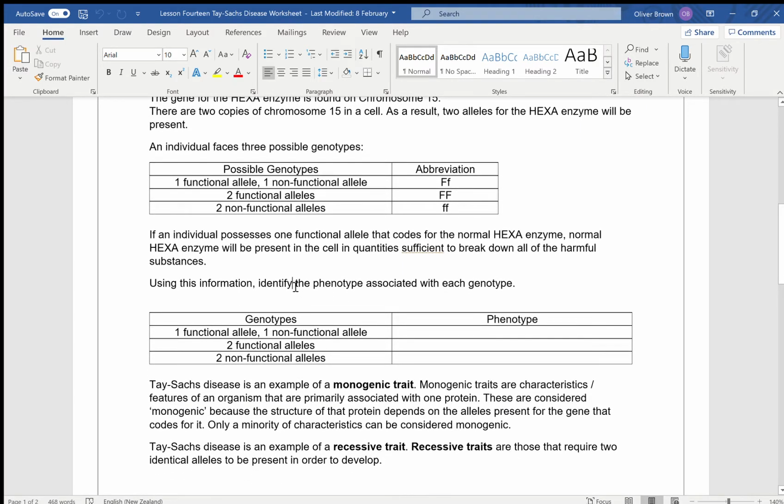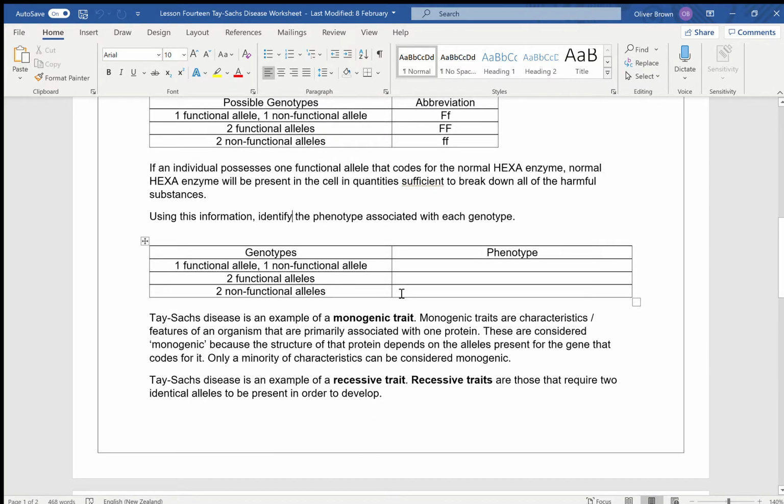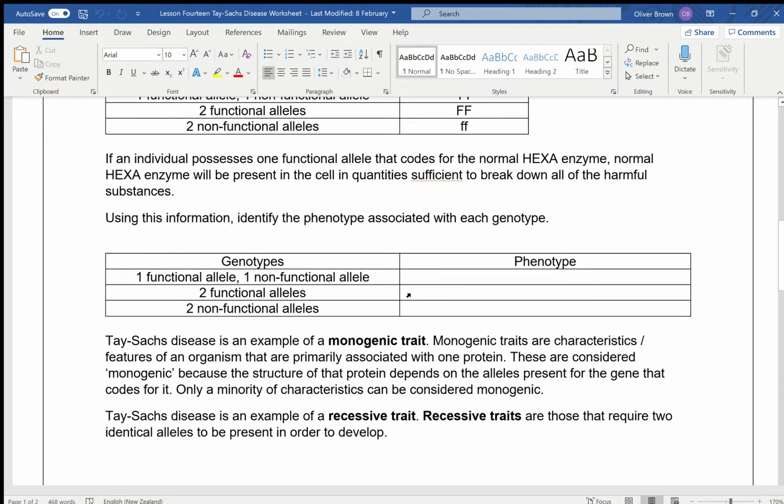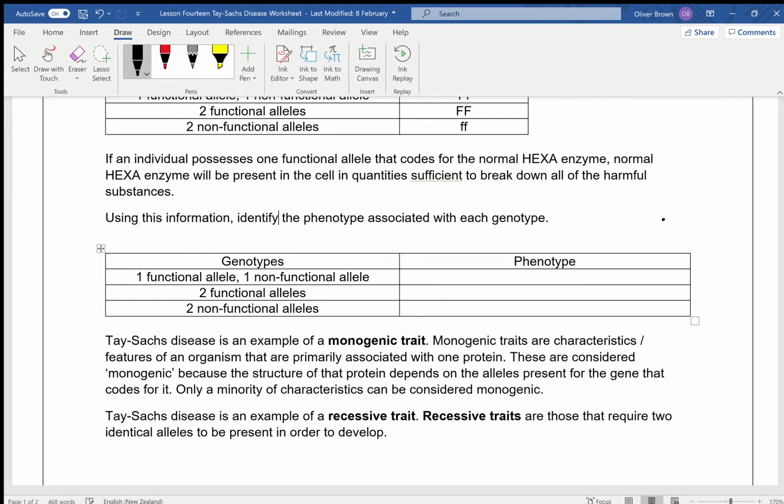The first thing you were asked to do was identify the phenotype associated with each genotype. Now, if you have one functional allele and one non-functional allele, hopefully you've put that you will be normal. Okay?